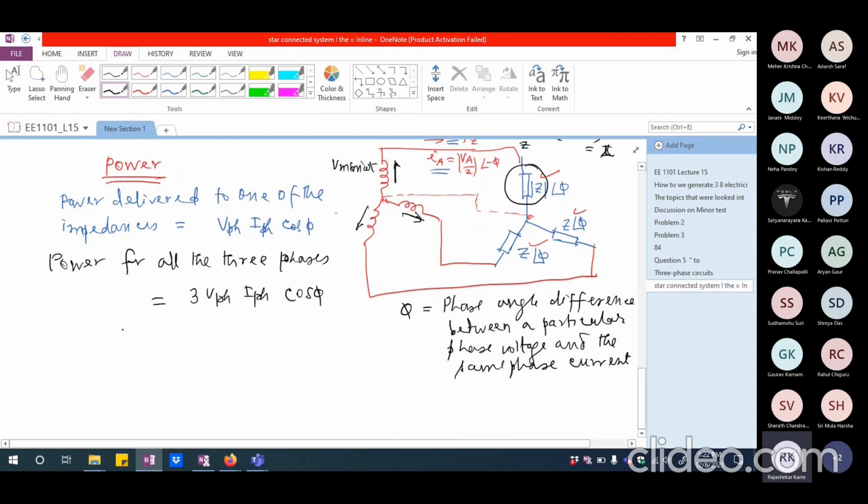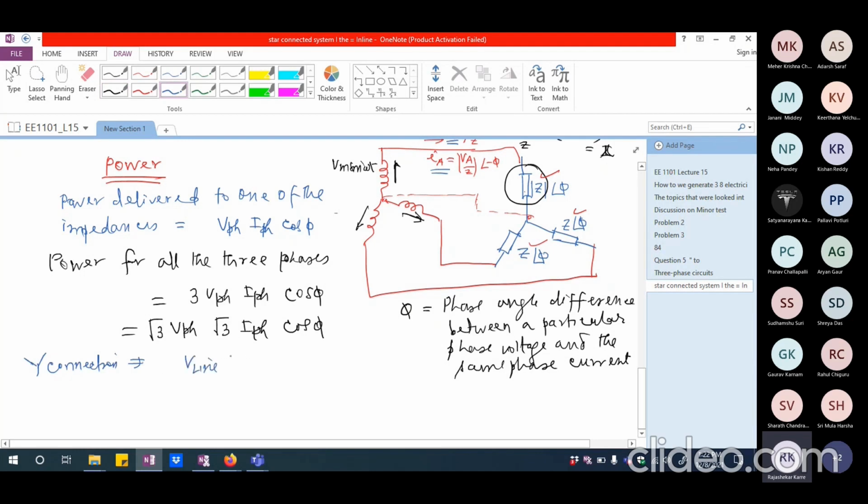Now, let me write this as root 3 times V phase and root 3 times I phase multiplied by cos phi. I can do it like this. Now, if I am looking at star connection, I'm going to get root 3 times V phase as V line.